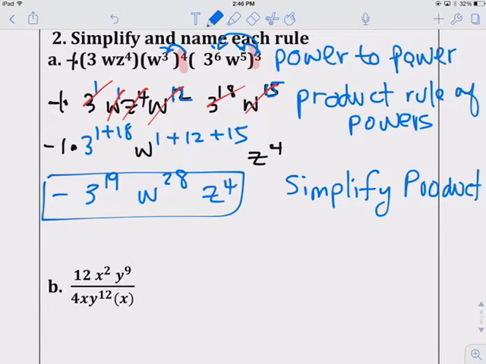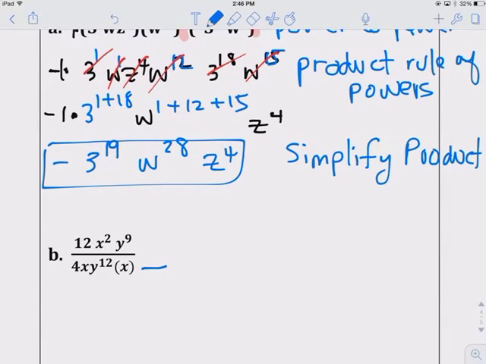Okay. What rule are we going to use here? See the denominator? What rule are we going to use? Product rule, right? Product rule of powers.